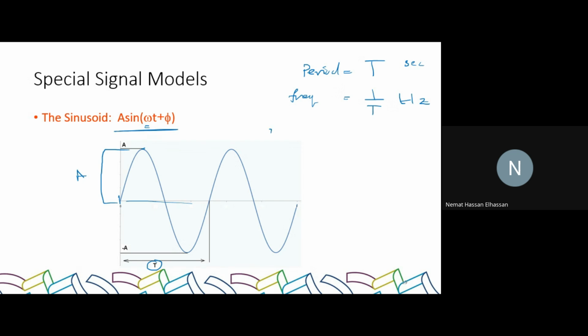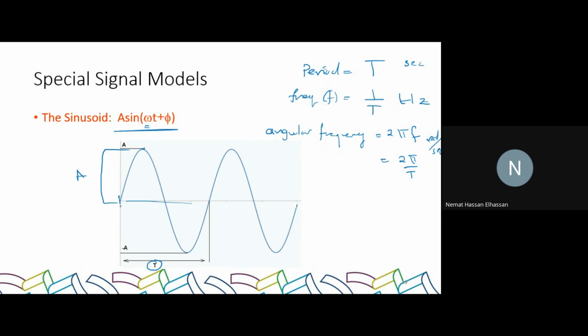And then we have angular frequency, which is 2 pi f, or 2 pi over T, which has the unit of radians per second. Clear?